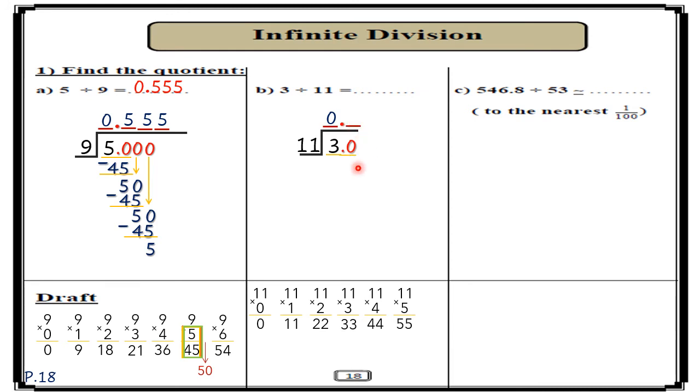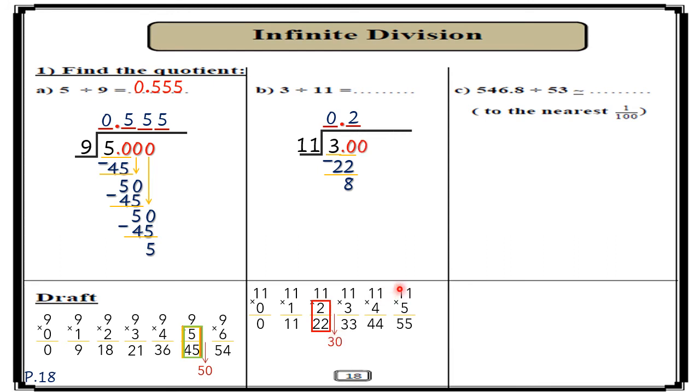Now I have 30. Search for 30. Do I have 30 down? No, but 30 is between 22 and 33. Okay, so I'm going to take 22, the smaller. The number which is up, up; the number which is down, down; minus. Okay, 30 minus 22 equals 8.